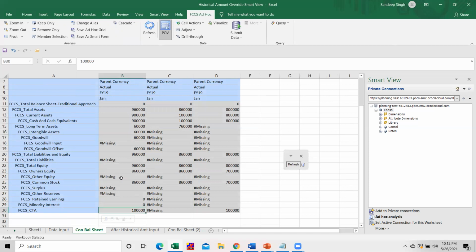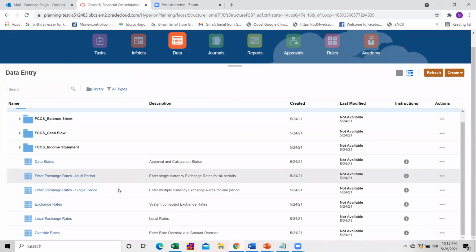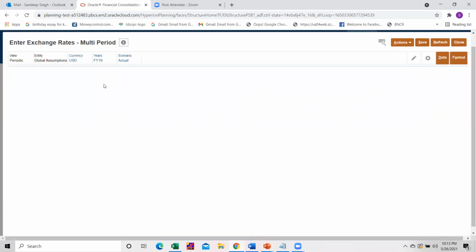And here you can see that the CTA number is 1 lakh. So let's see in the application how I have inputted the currency exchange rate. If you go into the data, you will find the form for inputting the exchange rate. I have inputted the exchange rate for the month of Jan for FY19.